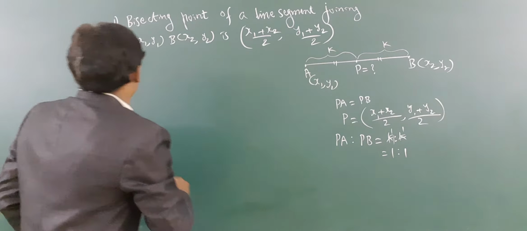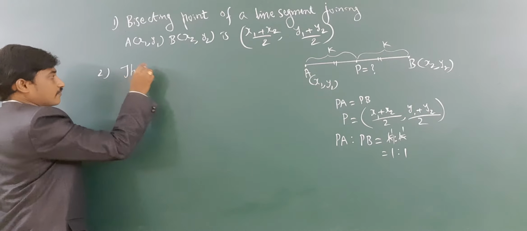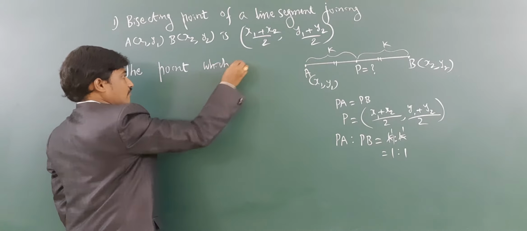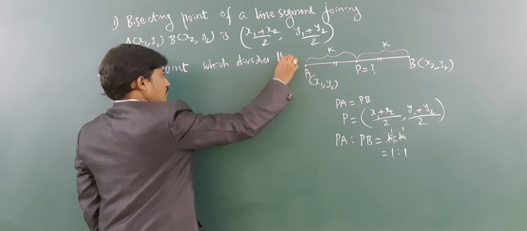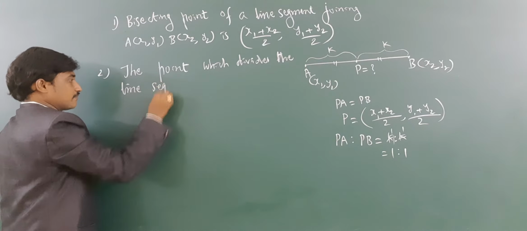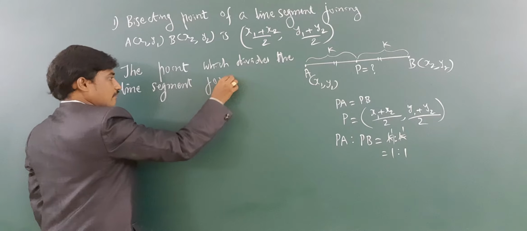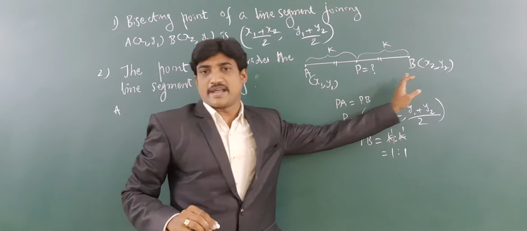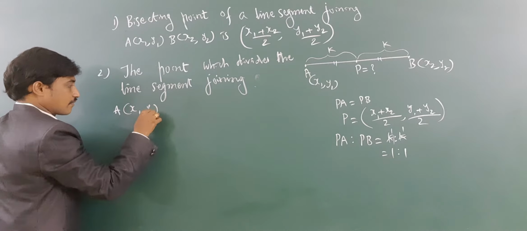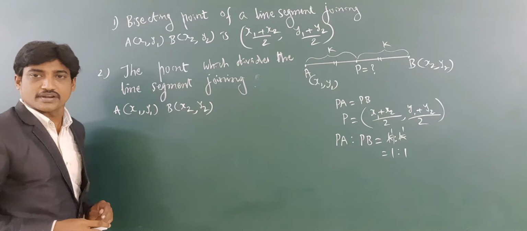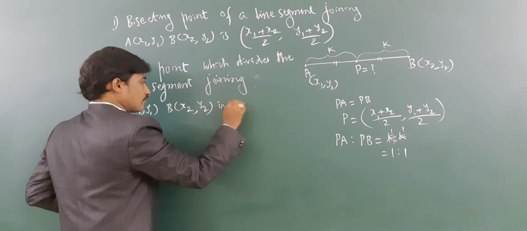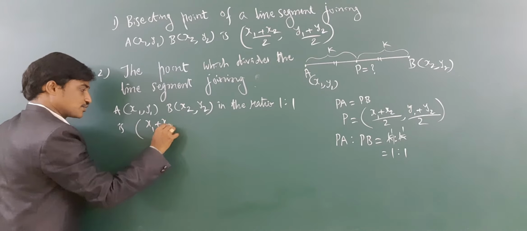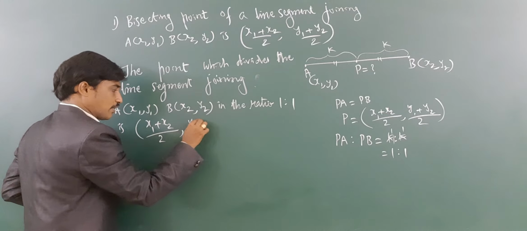On the other hand, we can write it as: the point which divides the line segment joining A(x1, y1) and B(x2, y2) in the ratio 1:1 is ((x1 + x2)/2, (y1 + y2)/2).